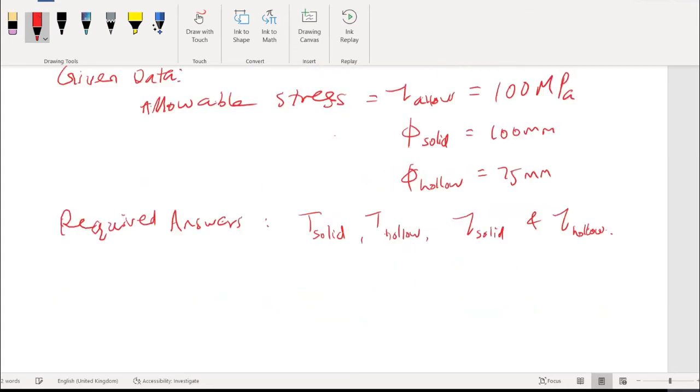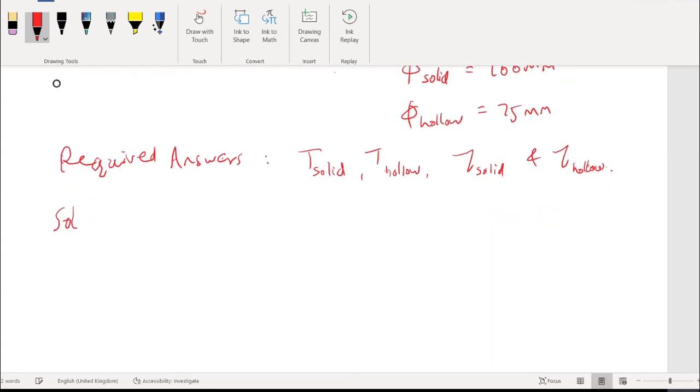Hollow. Okay, solution. We all know the allowable and working stress; by relating the allowable and working stress, we are able to find the required answer.